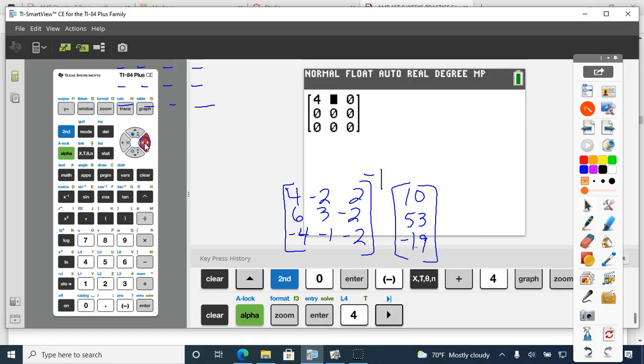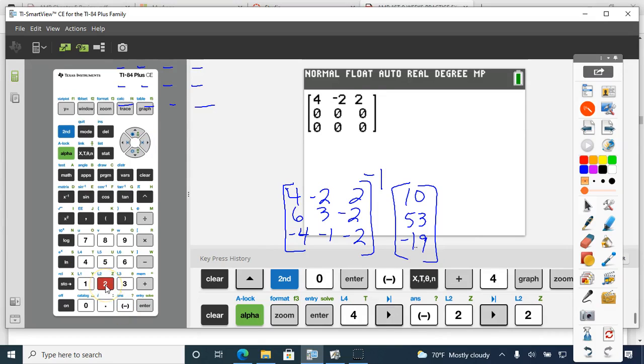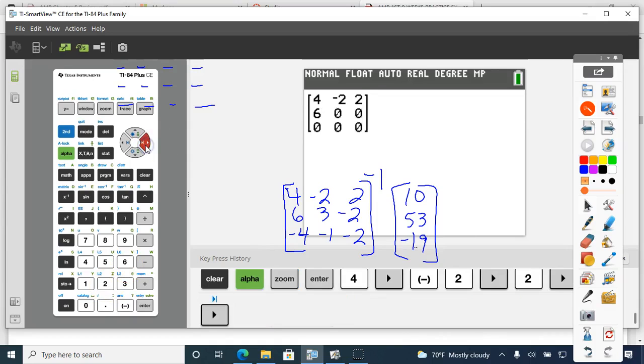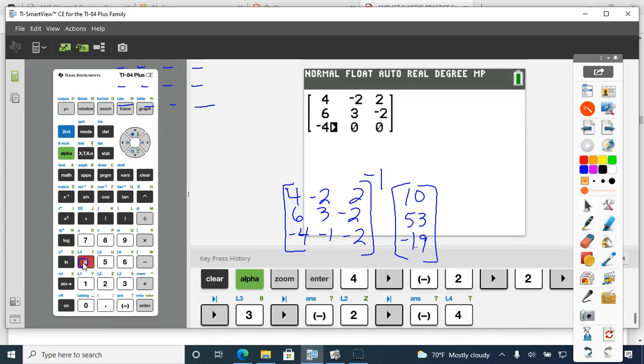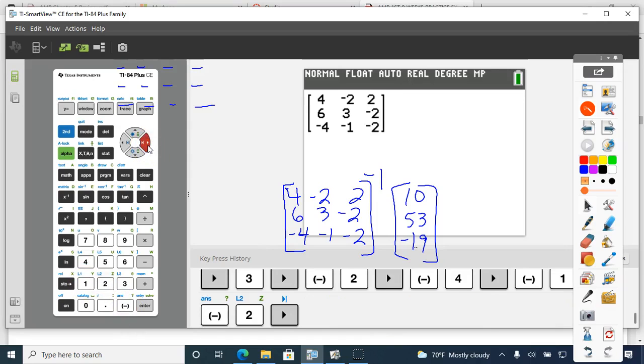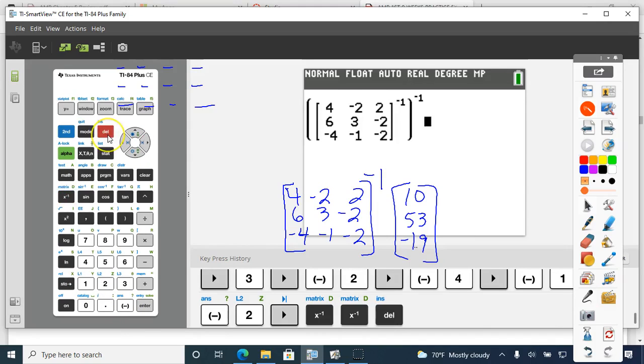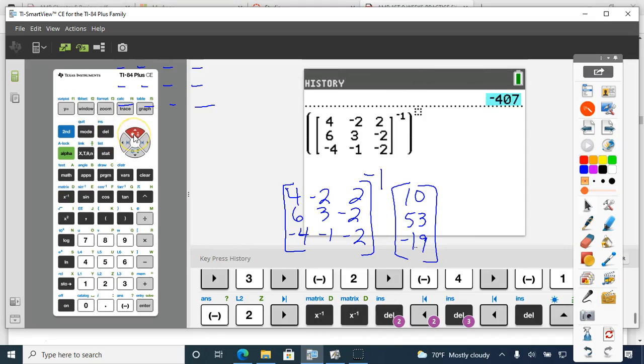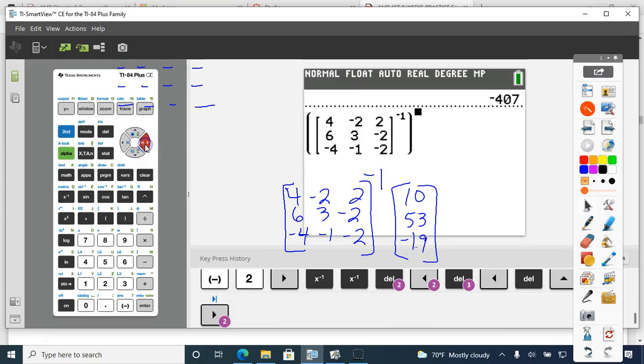So 4, arrow, negative 2, arrow, 2, arrow, 6, arrow, 3, arrow, negative 2, arrow, negative 4, arrow, negative 1, arrow, and negative 2, arrow. And then to make it an inverse, you hit the x to the negative 1 button right there. Oops, I did it twice by mistake. Sorry about that. Go back. Let me delete that. There we go.